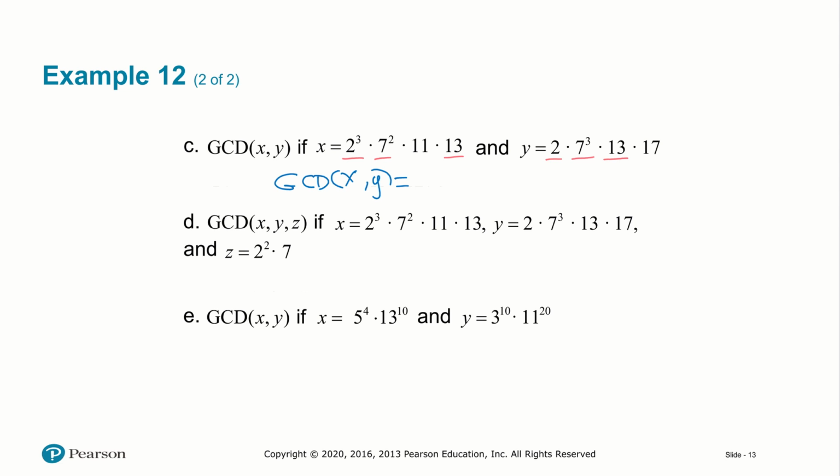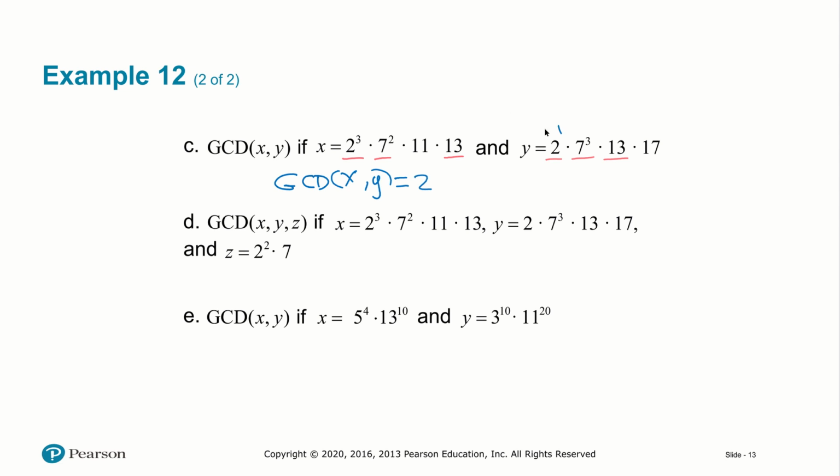So what we're going to do to find the GCD, remember, we scan these, and for every common factor, we take the lowest power. Remember, that's because we want it to be common to both. So between 2 cubed and 2, we're going to select 2, because that's 2 to the 1, right? We don't write the 1, but it's there.